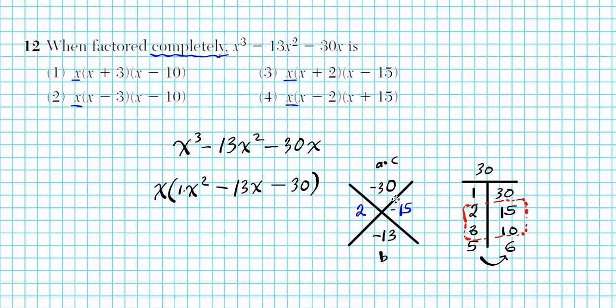Well, that works. Perfect. So just make sure that this works before you insert it, okay? So we're going to go ahead and go x times x plus 2 times x minus 15. Okay, so we can clearly see that our answer is option number 3.